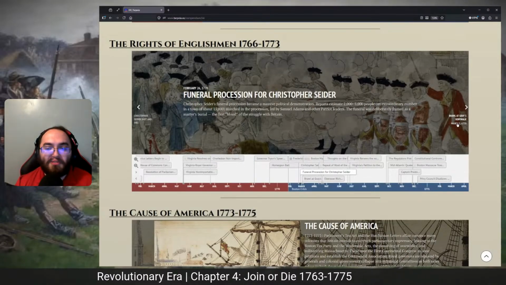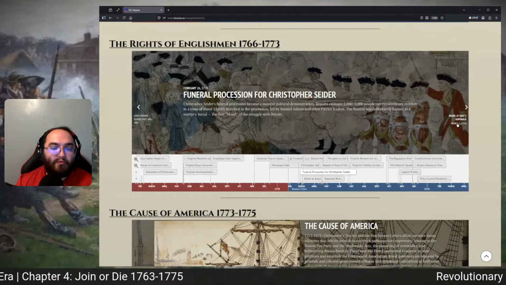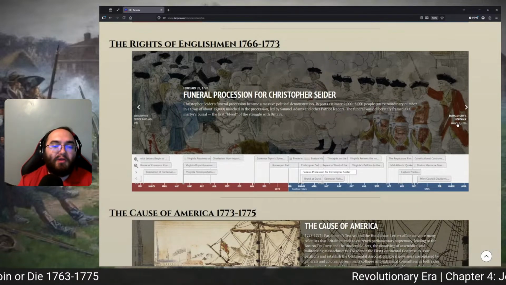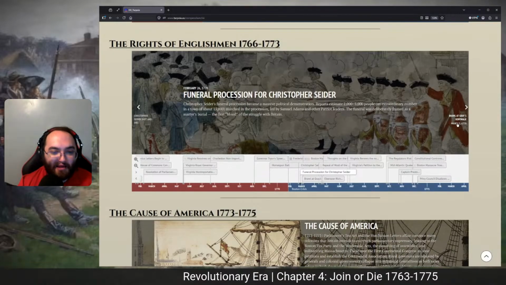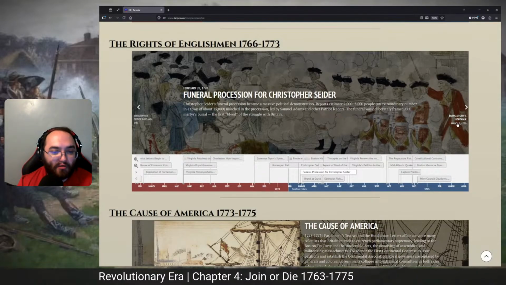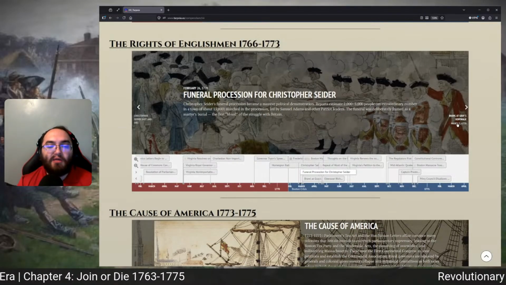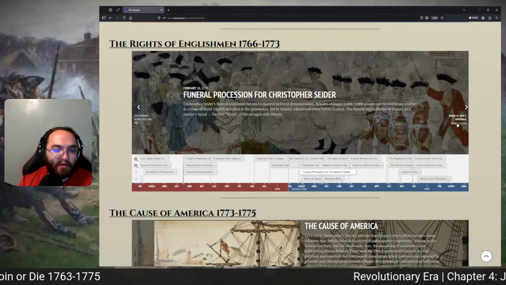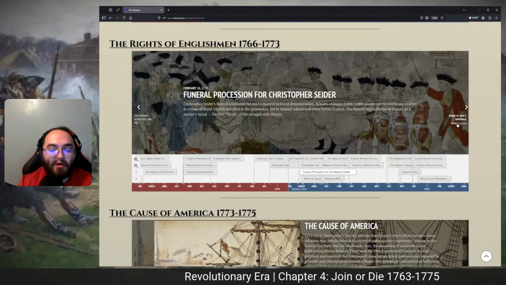The funeral was deliberately framed as a martyr's burial, the first blood of the struggle with Britain. This is the first colonial death in the struggle between the colonists and Britain and Britain's policies.